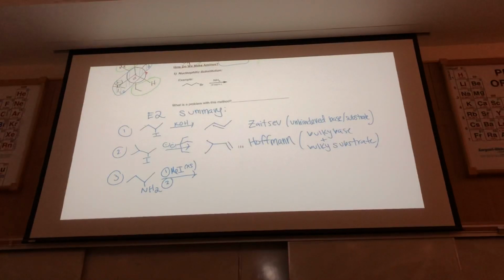Step 2, some source of hydroxide. I'll use Klein since that's going to show up in your homework the most. So now we get a product that's different than product 1. We get the Hoffman alkene that we couldn't get from the starting material found in step 1.